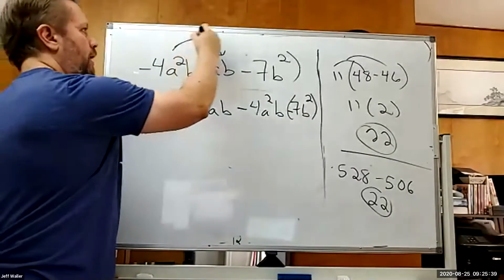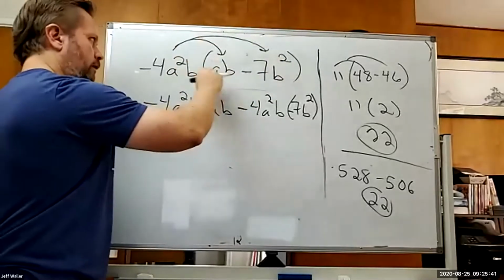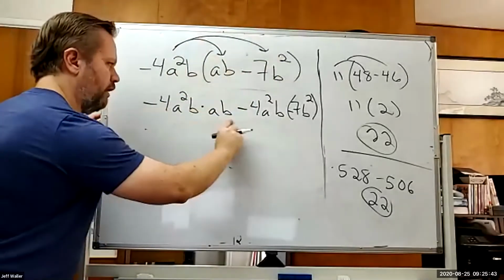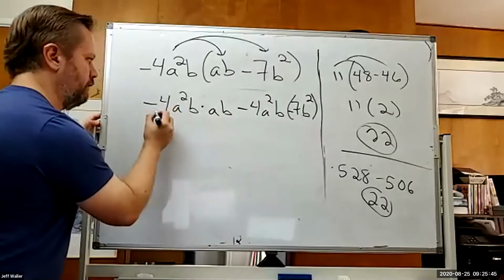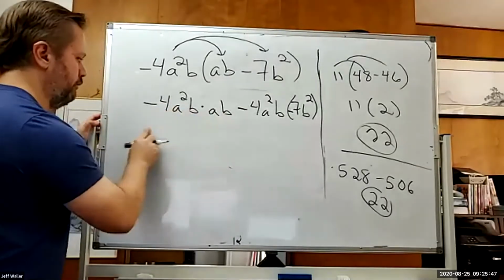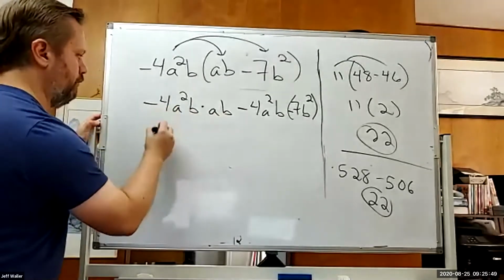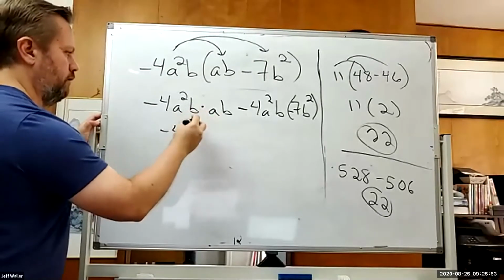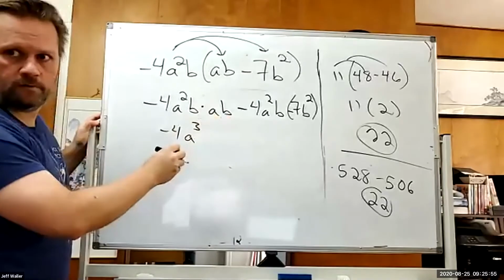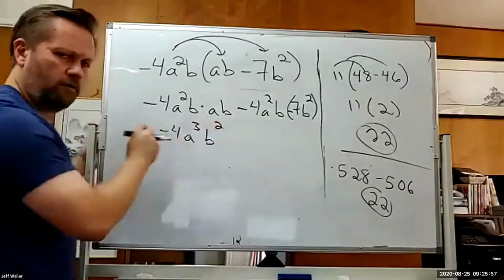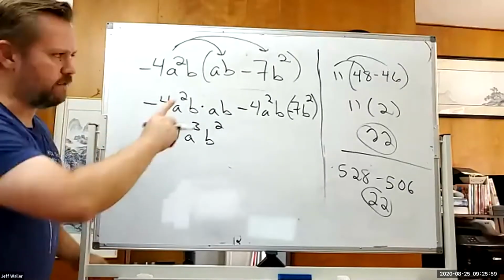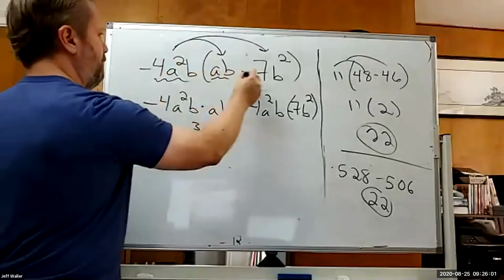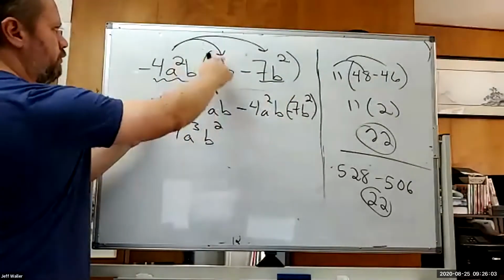So I applied the distributive property, but I didn't actually try to do everything in my head. Now I can focus on this. So what would I get here? I get -4. How many a's? 3. And how many b's? 2. You guys all with me? So if you've got so much happening everywhere, you don't have to do it all in one step.